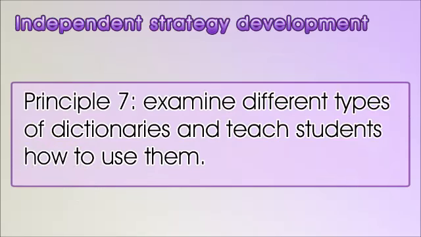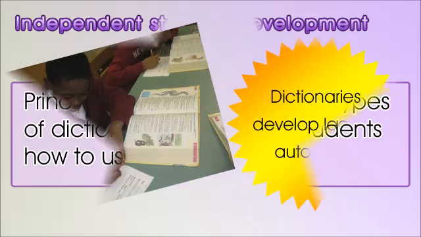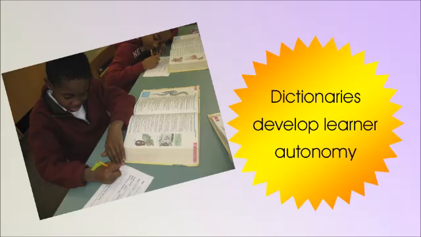Principle 7. Examine different types of dictionaries and teach students how to use them. Why should we encourage students to use dictionaries? Dictionaries develop learning autonomy. They are a handy resource for researching different meanings, collocations, examples of use, and standard pronunciation.